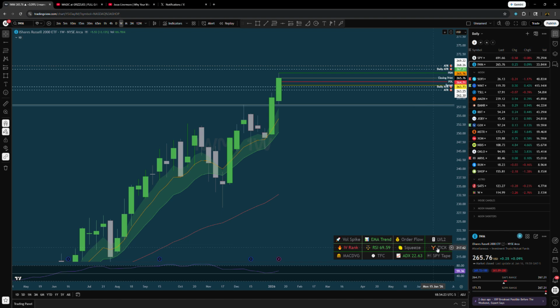The tick tracks the top 500 stocks in the market. If they're all going up, that'll be green. If they're all going down, that'll be red. Neutral is mixed, right? So if this is green, telling you most of the tickers in the market are going up, you want to flow with the fish.